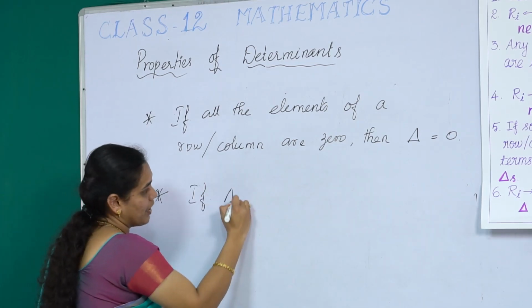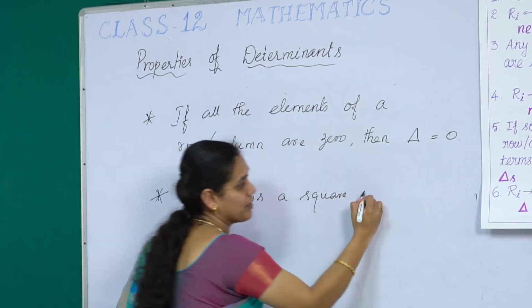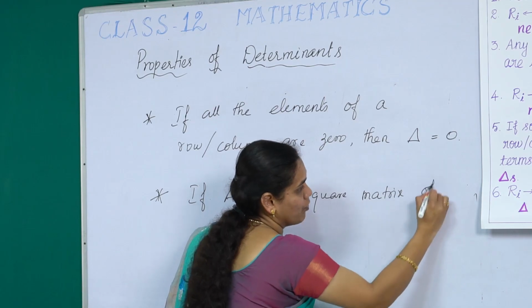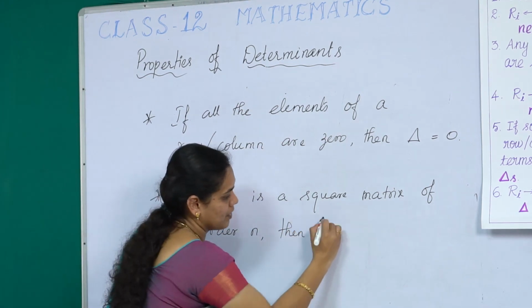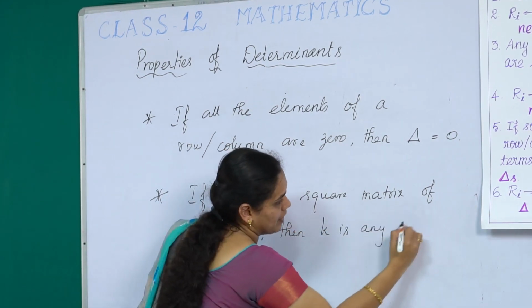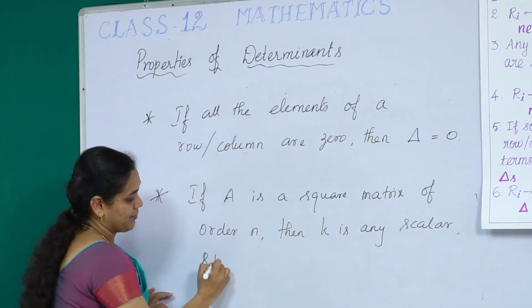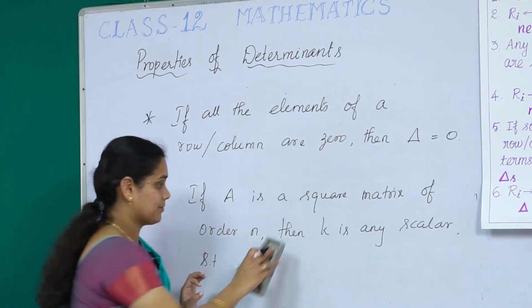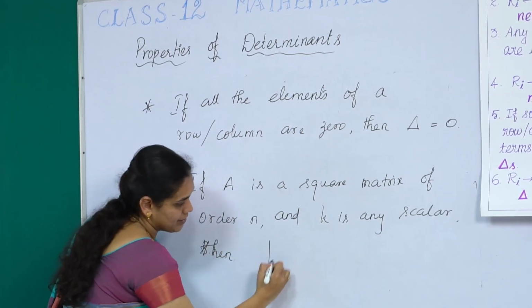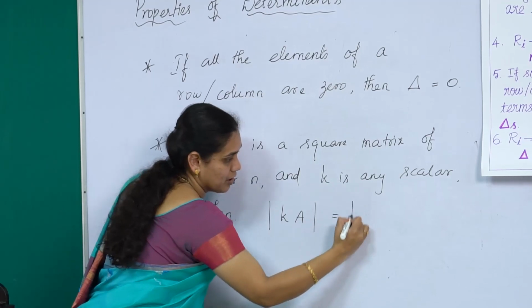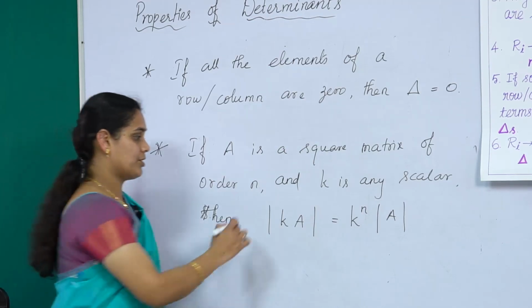If A is a square matrix of order n and K is any non-zero scalar, then determinant of KA will be equal to K power n times determinant of A. This is a very important result.